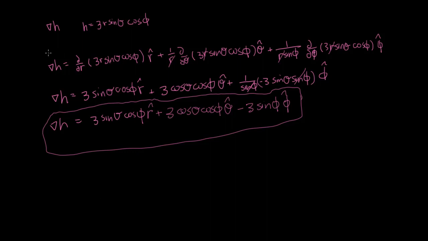So again, the concept of a gradient, the notation is just gradient h, or del h, and the main thing to remember is that you put in a scalar function, and then out comes a vector function.